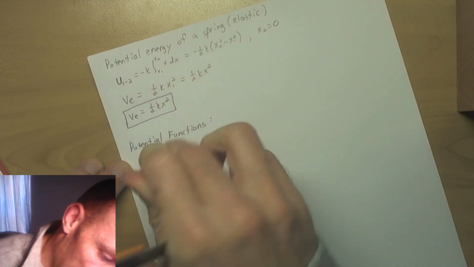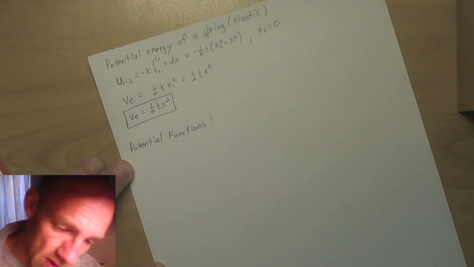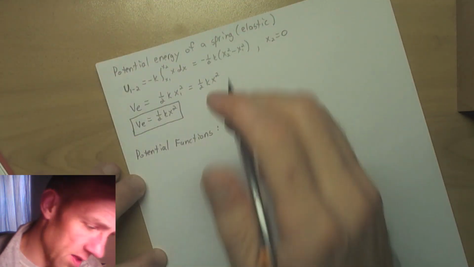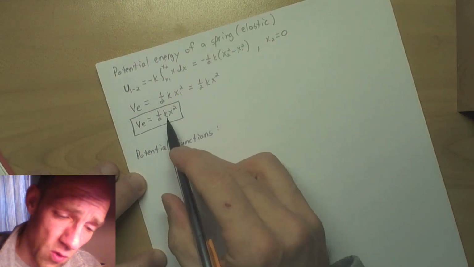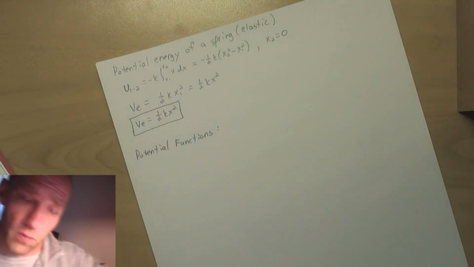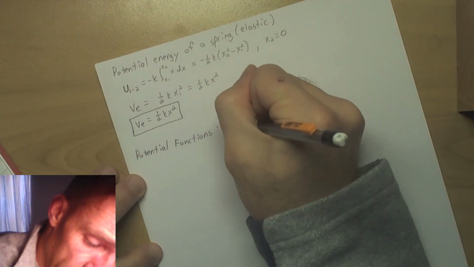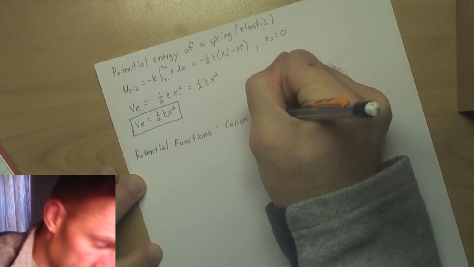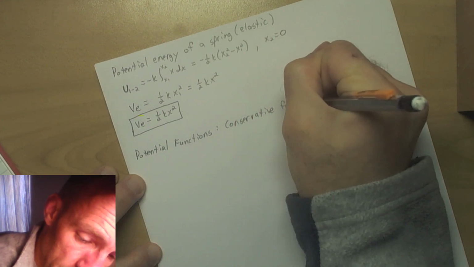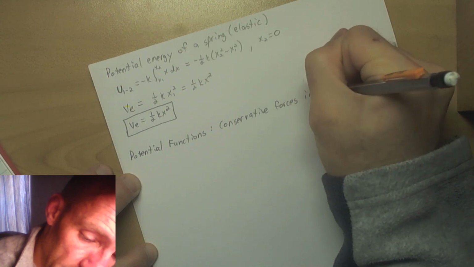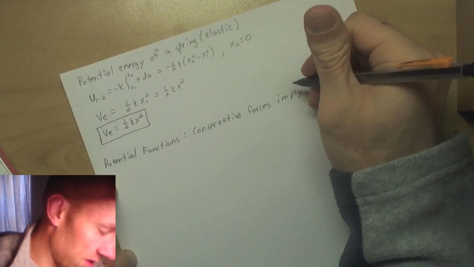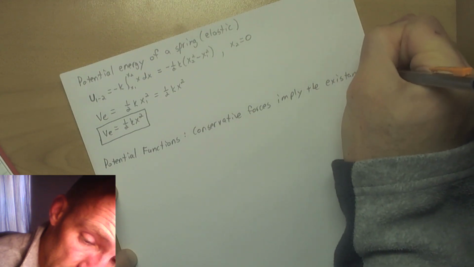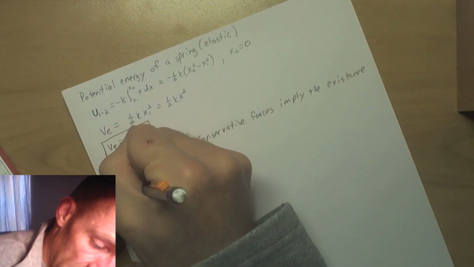And they are a consequence. See, they're just a function of position only. So they are a consequence of the fact that these forces were conservative. Okay, and so conservative forces imply the existence of potential functions.